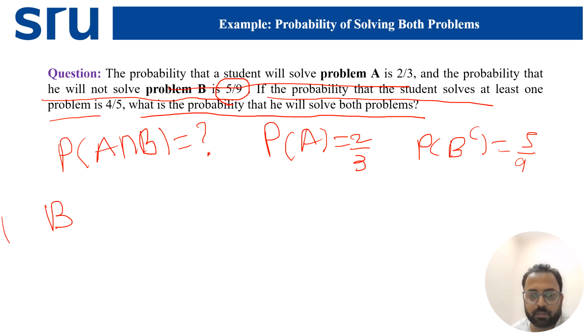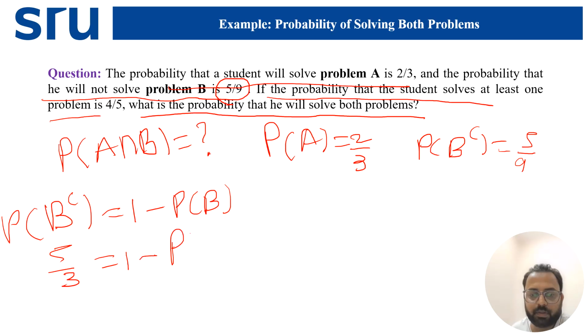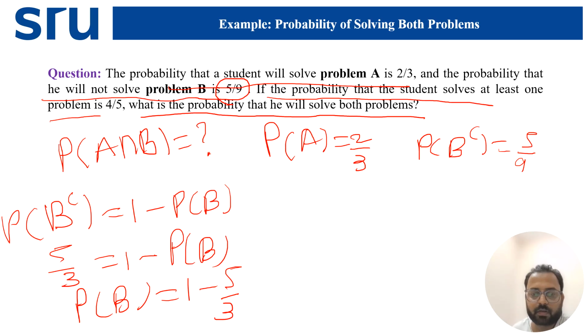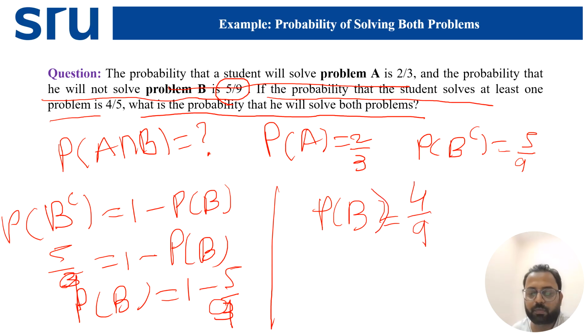The formula for P of B complement is 1 minus P of B. So P of B is 1 minus 5 by 9, which is 9 minus 5, so 4 by 9. This is the probability of solving problem B.